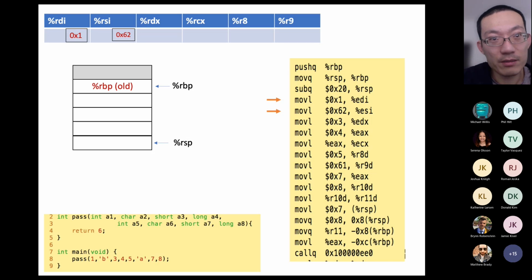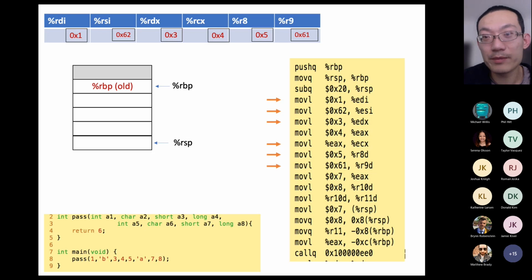And then the second parameter, third, fourth, fifth, sixth. So that's the way we pass parameters. We just put the value in each corresponding register, and then the callee would come to find it in the predetermined order. And if we have more, we would put that on the stack.